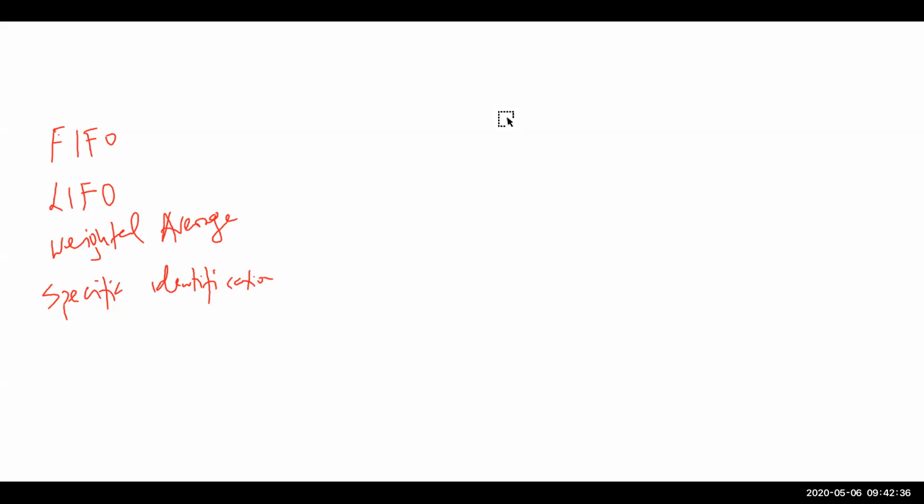Yes, there's a valuation basis that you should not use. Which one? I think LIFO, though I'm not sure. Yeah, it's LIFO. Don't forget, as per IFRS, you should not use LIFO when it comes to inventory valuation.